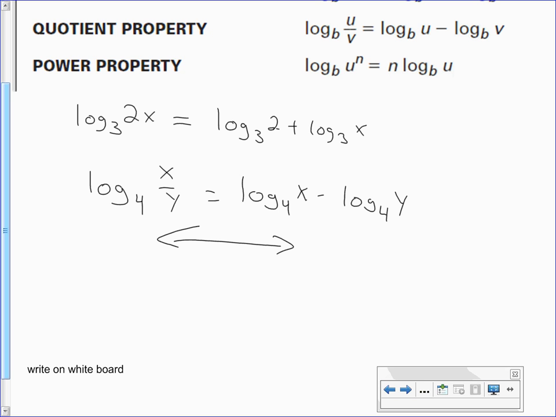And then lastly, the power property. Log base b of something raised to a power. Basically, all you do is you drop the power in front of the log. Same base.